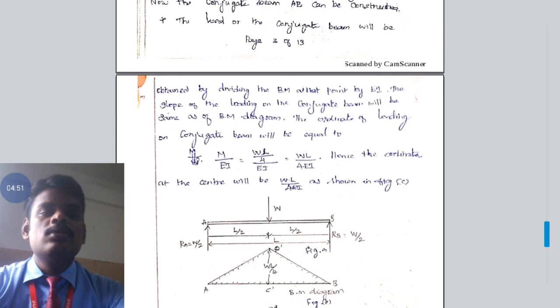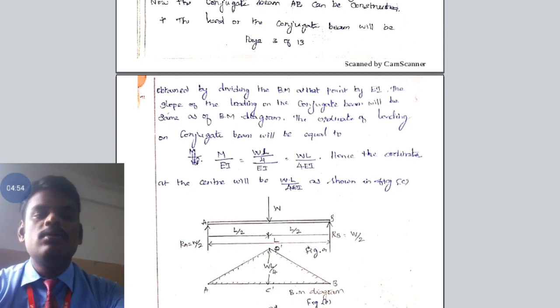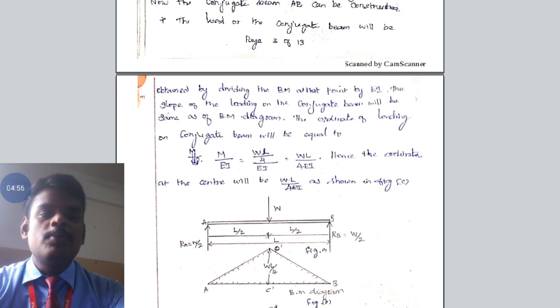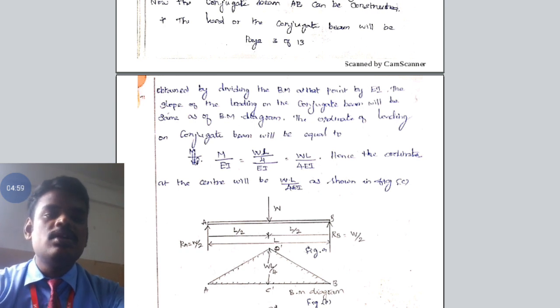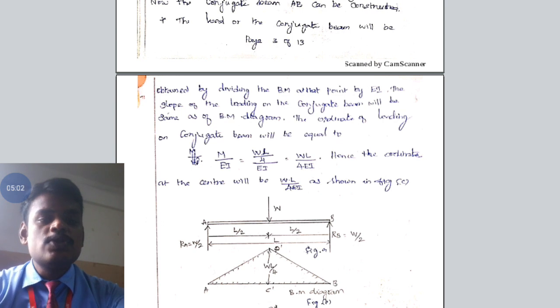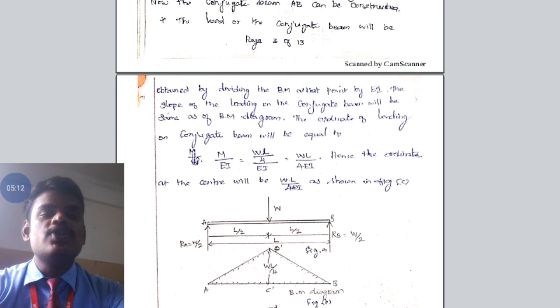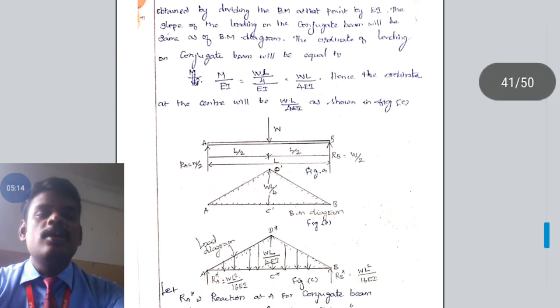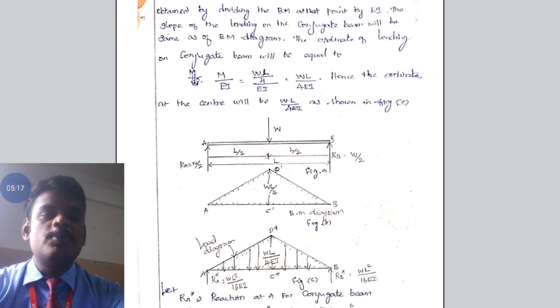The load on the conjugate beam will be equal to the bending moment at that point divided by the flexural rigidity EI. We know the bending moment is WL by 4. Dividing this WL by 4 by EI, we get the load on the conjugate beam. So M by EI is the original bending moment divided by EI, which gives the loading value in the conjugate beam.